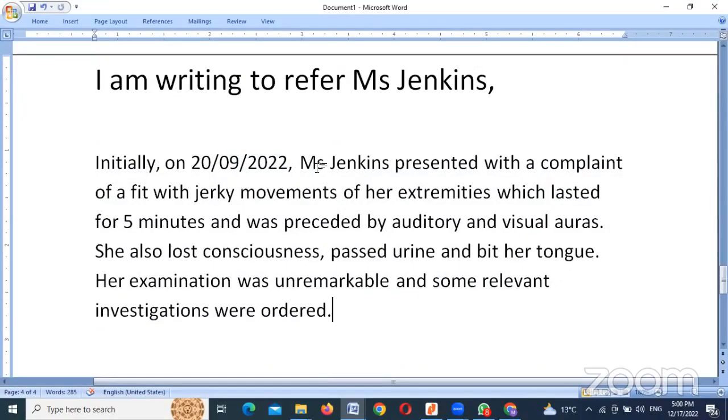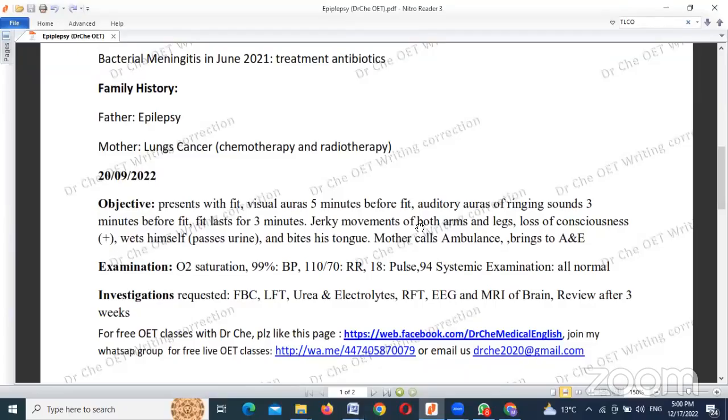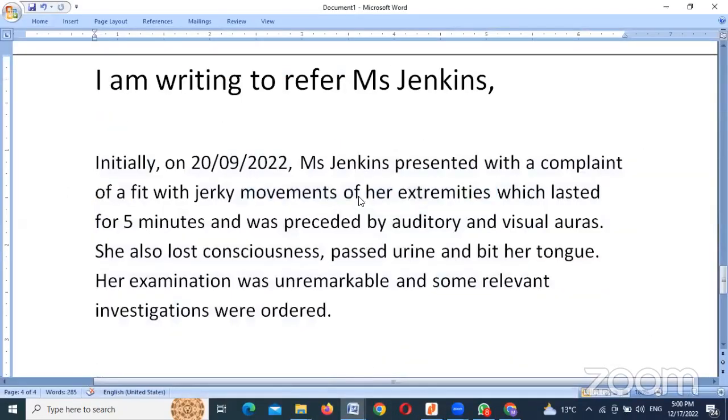Initially, on this date, Miss Jenkins presented with a complaint of a fit. Okay, complaint of a fit with jerky movements. What was the fit? With jerky movements of her extremities. You can see I am not writing arms and legs. Okay, we can write of her four extremities, of her all extremities, just extremities.